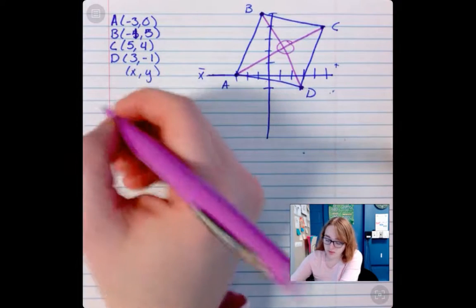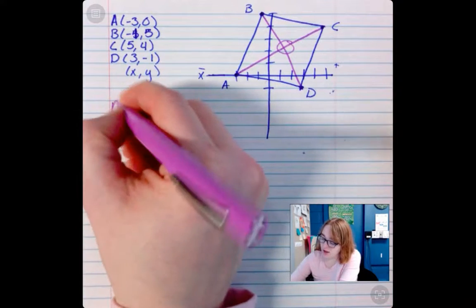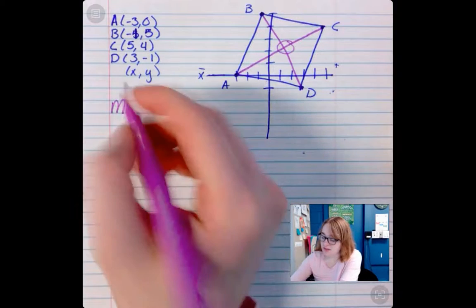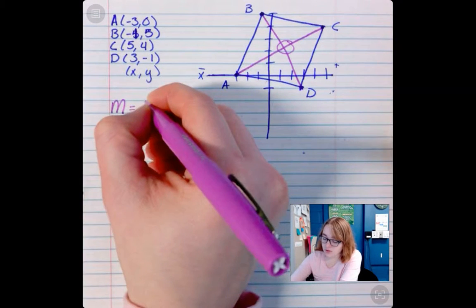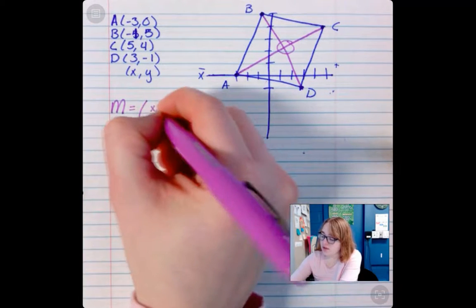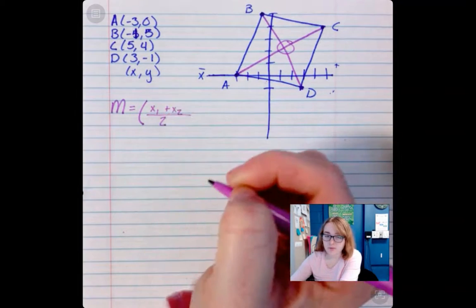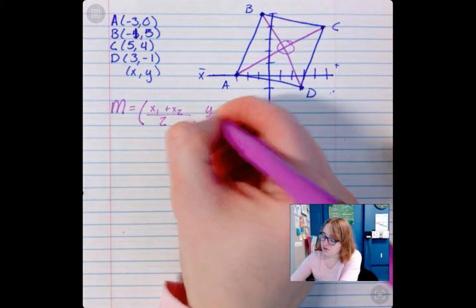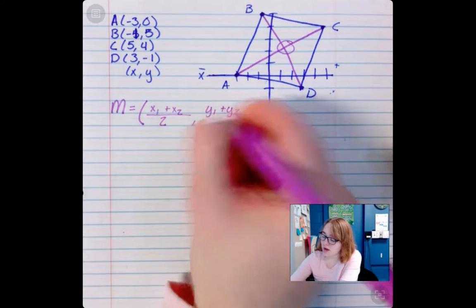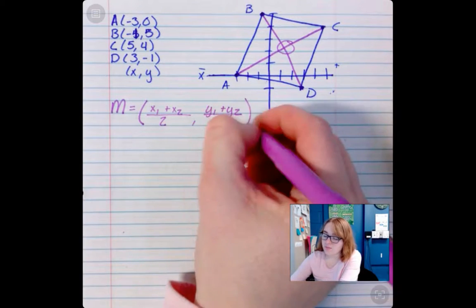So our midpoint formula is capital M for midpoint, slope is a lowercase m, is equal to our first x plus our second x divided by 2, and then our first y plus our second y divided by 2.